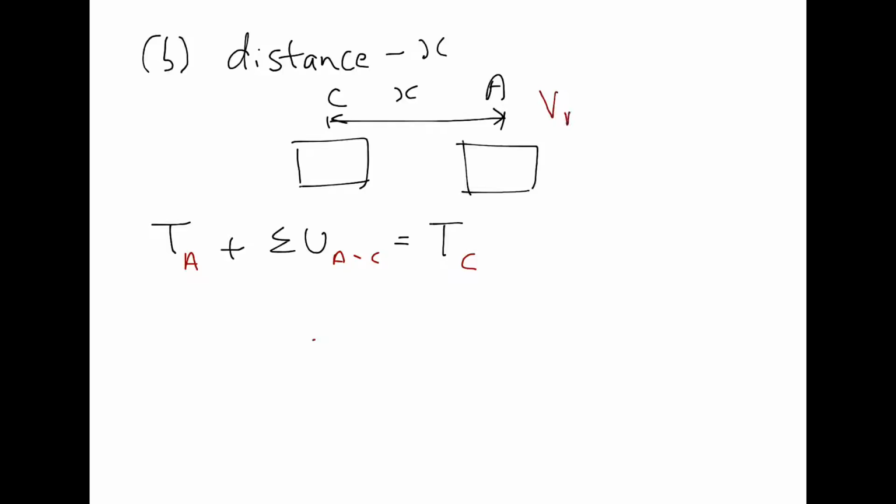So VA from the calculation just now, it is 2.13 meter per second from part A.